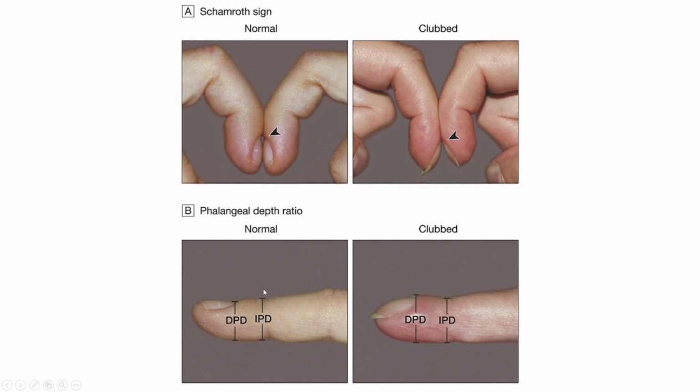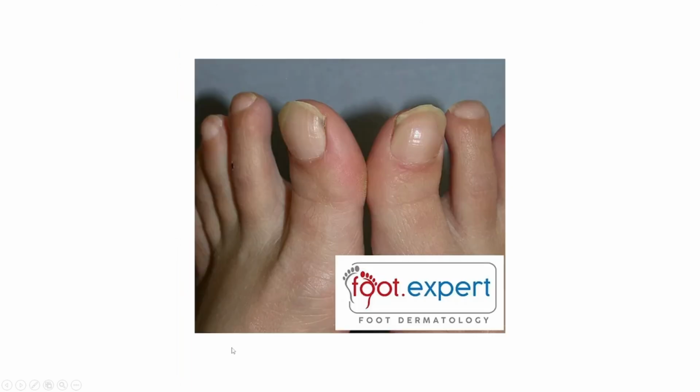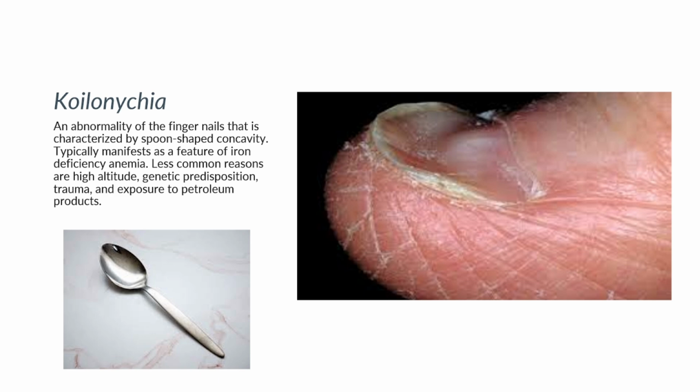Also in the phalangeal depth ratio, we will see an increase in the DPD ratio more than the IPD. So this is the clubbed and this is the normal. Nail clubbing can appear in the foot as well. So here we can see nail clubbing in the foot.